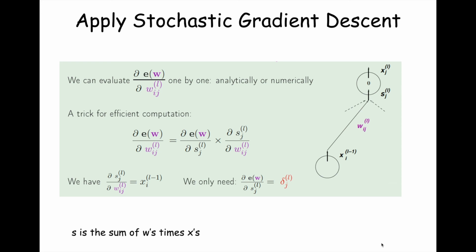So we have some output, and that output, xj superscript L, could be the output layer or it could be some arbitrary hidden layer. Now this output is obtained by computing that threshold function, soft threshold theta, on some signal, right? So we say theta of signal is equal to that output.